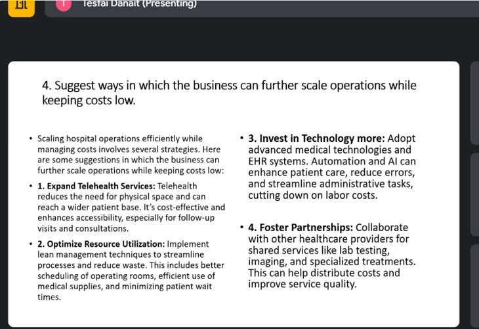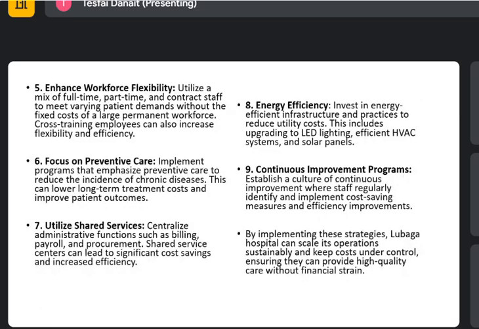And then technology, like we have been explaining before with my colleagues, foster partnerships. Of course, it's good to collaborate with other healthcare providers for sharing services like lab treatments, and this can help distribute costs and improve service quality. Enhance workforce flexibility.